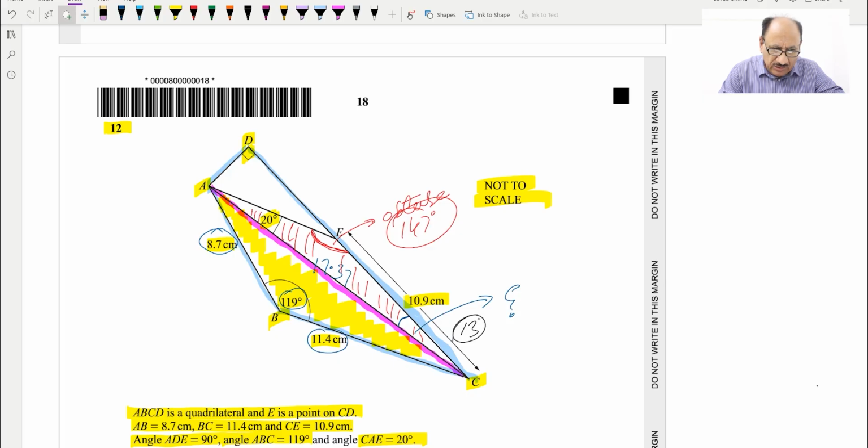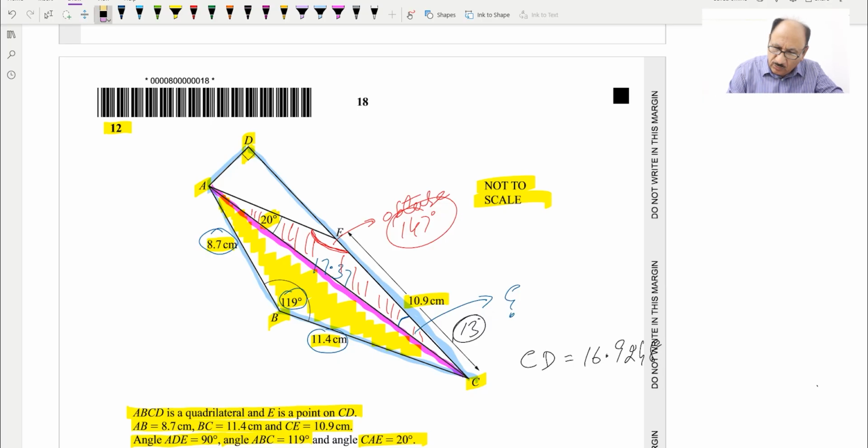CD is equal to 16.9248, and we can find AD over AC.